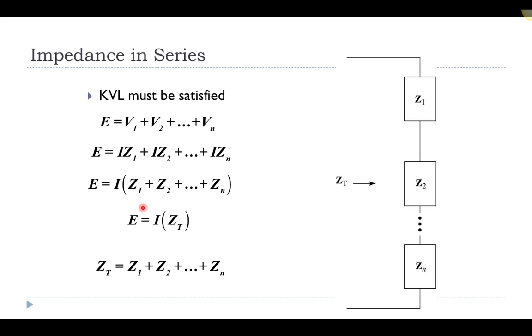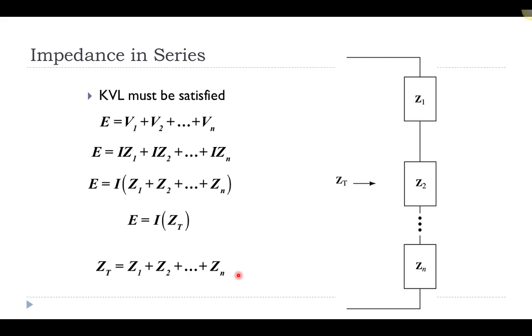the same. Since the current is the same, I can factor that out, and then I end up with all of those impedance values added together. I can say that is equivalent to some total overall impedance in the circuit, and I have something that looks like the equivalent of Ohm's law, V equals I times Z, where instead of R it's impedance, and this total impedance in series is just the addition of the impedance values.